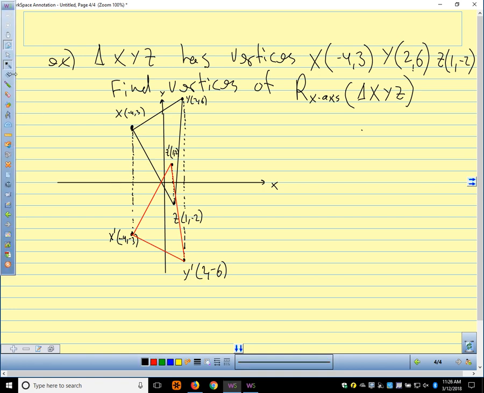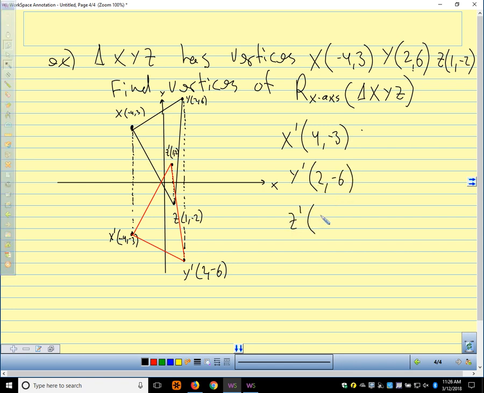And that would be the reflection of that triangle over the x-axis. And I'm just going to list them here. X prime was at -4, -3. Y prime was at 2, -6. And Z prime is at 1, 2.